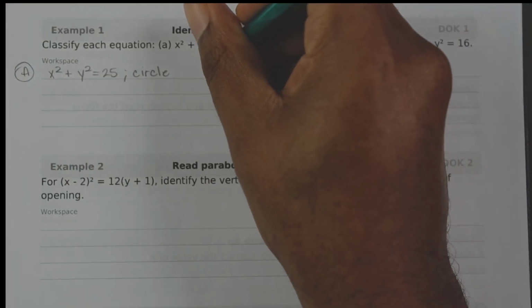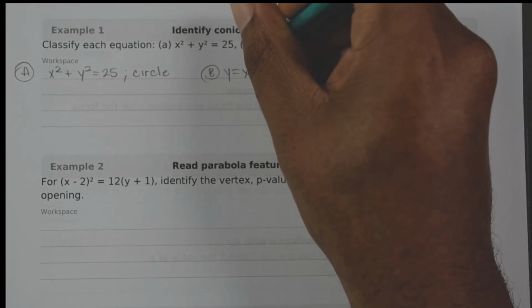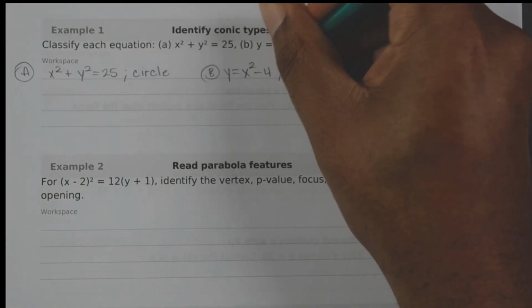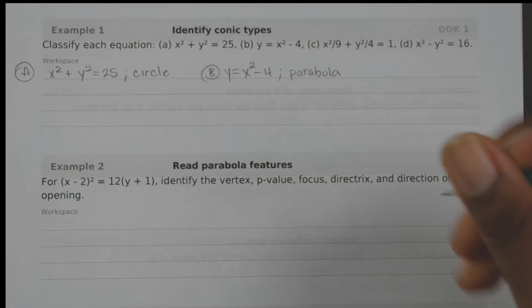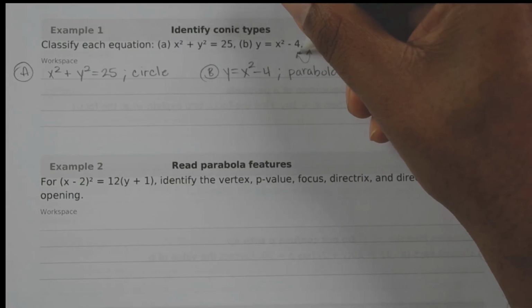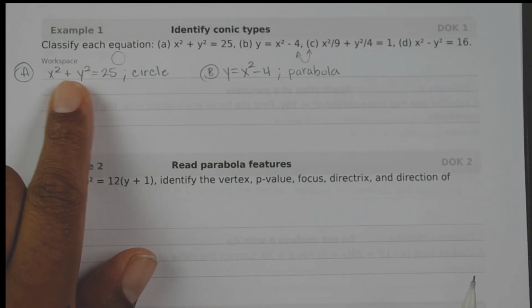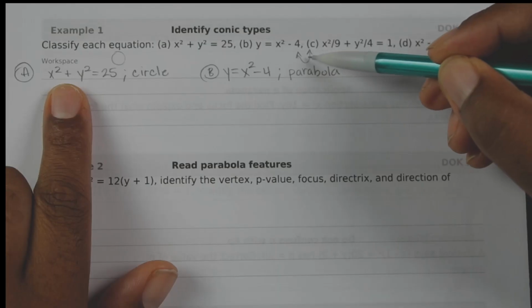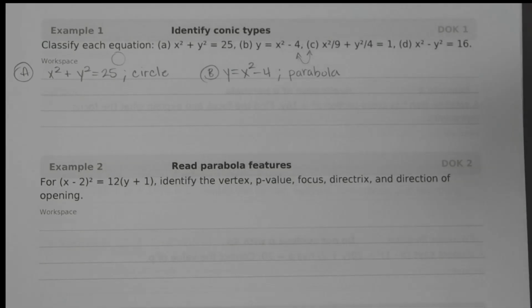Notice the x is squared, so this is a parabola. A parabola is essentially like this, whereas this is going to be a circle, where both are squared. It's kind of interesting because the x is squared, so it gives you almost like a semicircle, which is sort of what a parabola looks like.